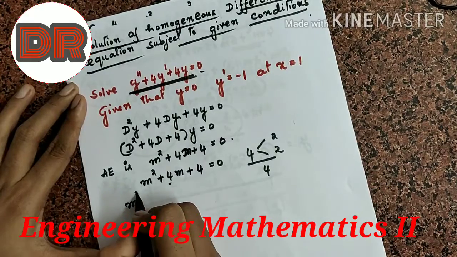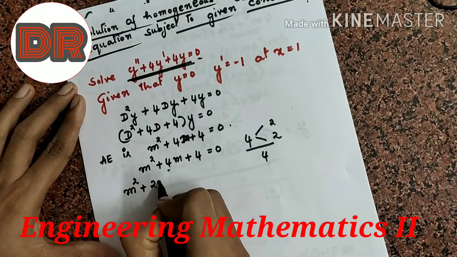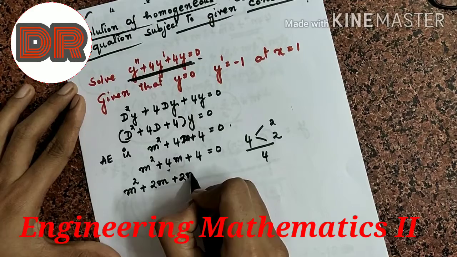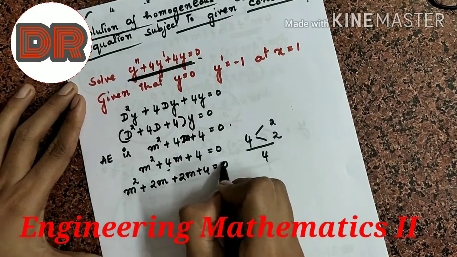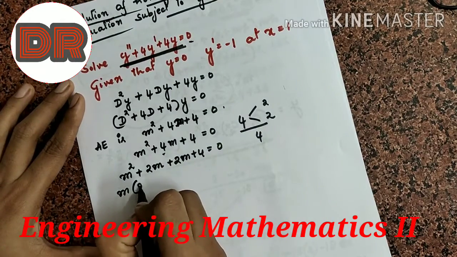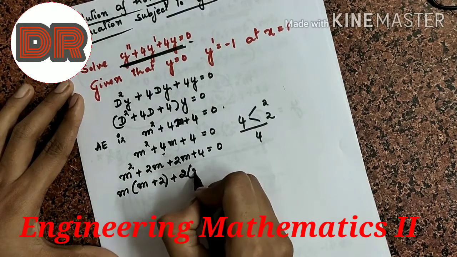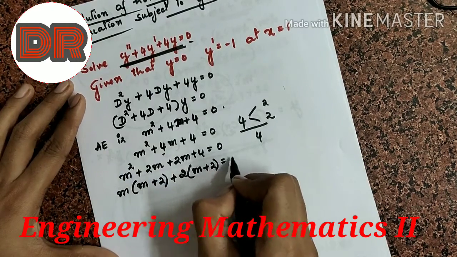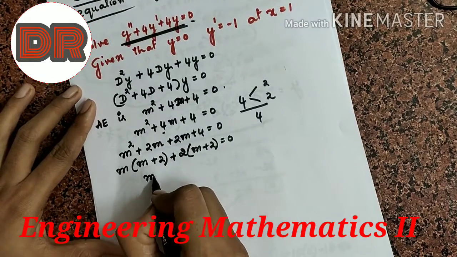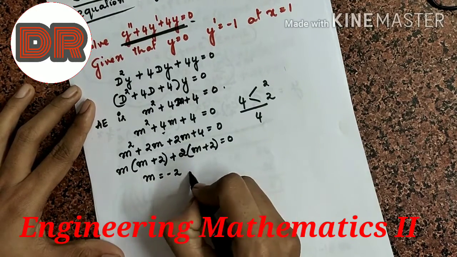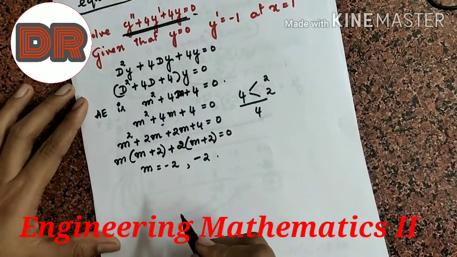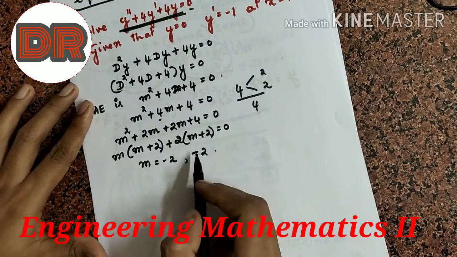So I can factorize this: m square plus 2m plus 2m plus 4 is equal to 0. M into m plus 2 common here, so it is m plus 2 is equal to 0. So the roots are m is equal to minus 2 and minus 2. So there are two roots which are repeated.